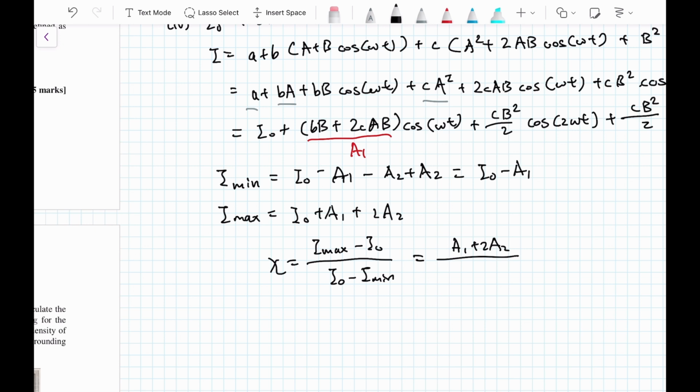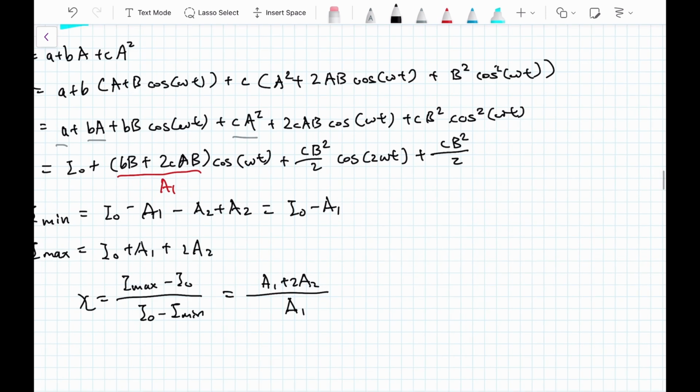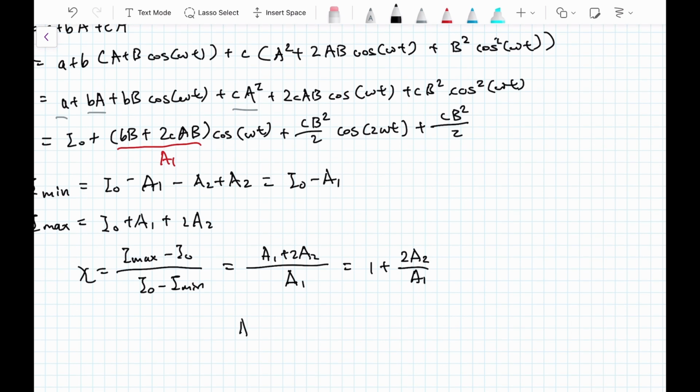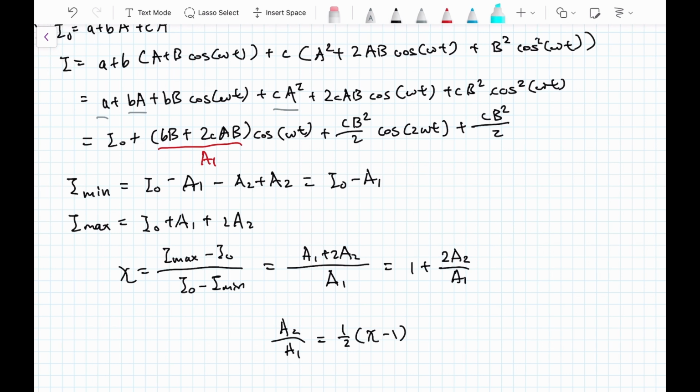And down there we have I0 minus Imin, so that is just A1. That actually puts us in a pretty good place. That gives 1 plus 2 A2 over A1. So therefore, your ratio A2 over A1 would be just equal to half of chi minus 1. And that will be the answer to the question.